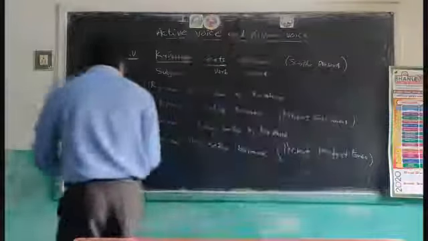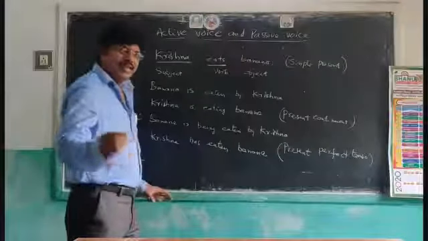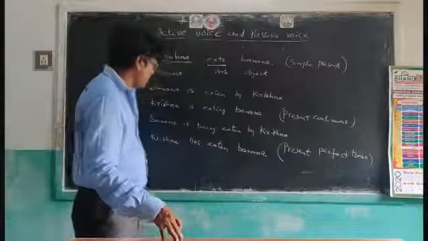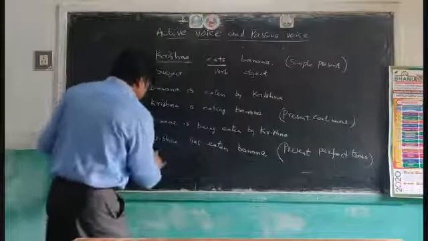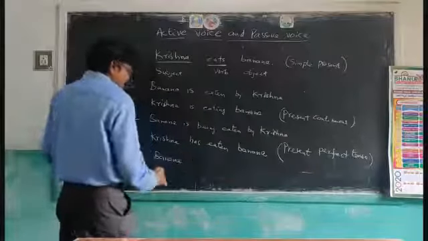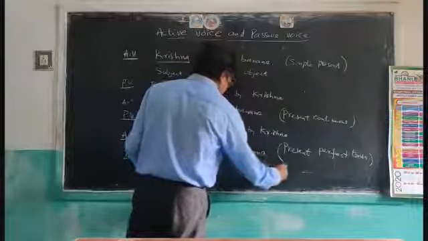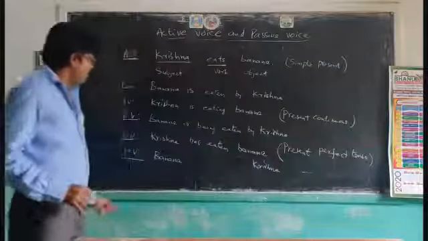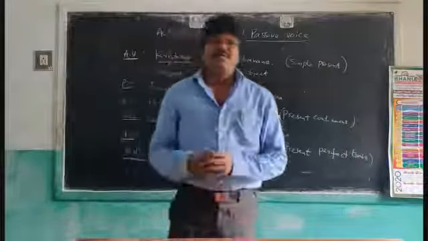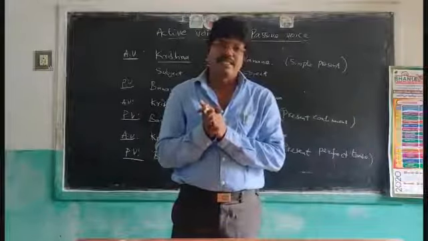Second, write the passive voice. Observe very closely and listen. Krishna has eaten banana. Immediate changes: banana we write as subject. Krishna, object. Has eaten. Which be form shall we use in perfect tense?